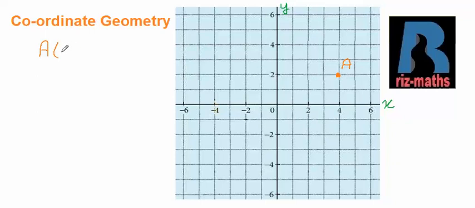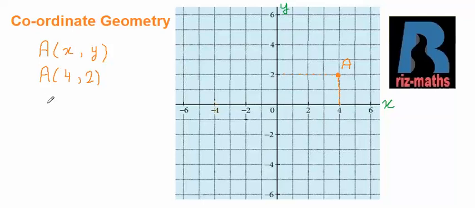First we write the value of x and then the value of y, and then we close this bracket. The value of x here is 4, so this point A has the x coordinate 4 and its y coordinate is 2. So we write here 2.